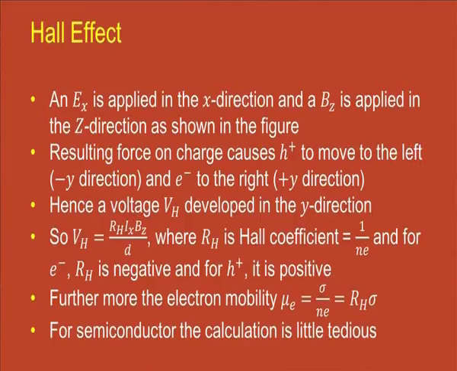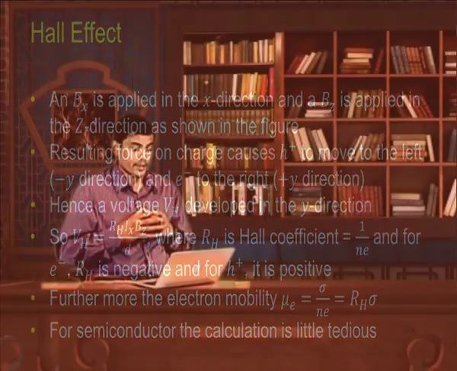We can find an expression for this Hall voltage in the following way: VH is equal to RH Ix Bz by D, where D is the width of the sample that we consider, and RH is the Hall coefficient, which is represented as 1 by Ne. For electrons RH is a negative quantity and for holes RH is a positive quantity.